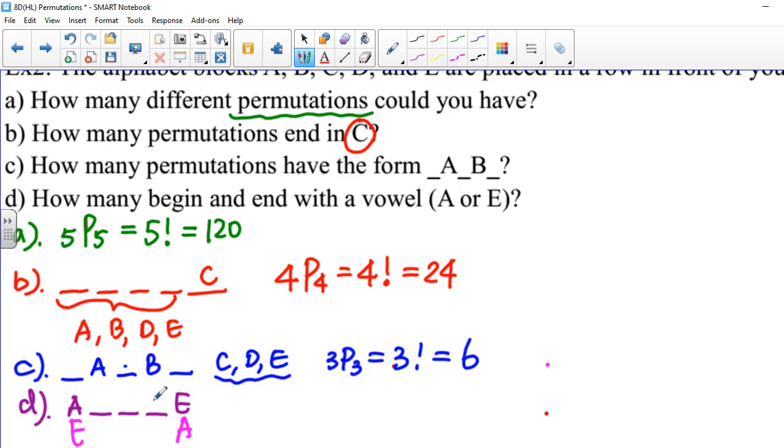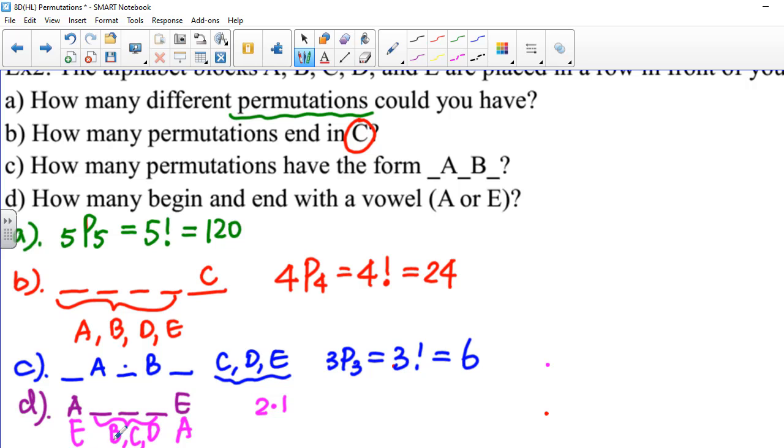So how many different ways are there to fill up the first line and the fifth line? The first line, you have 2 options. Once you determine the first line, for example, you fill up with A, the last line, which is the fifth line, there is only one way, which is E. But for the middle 3 lines, I still have B, C, D, those 3 letters left.